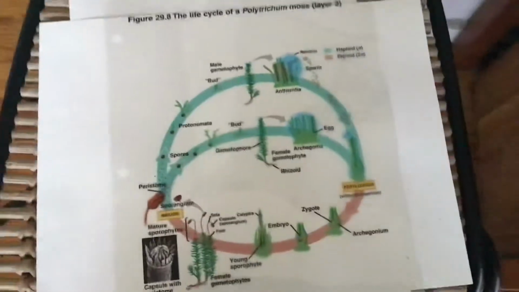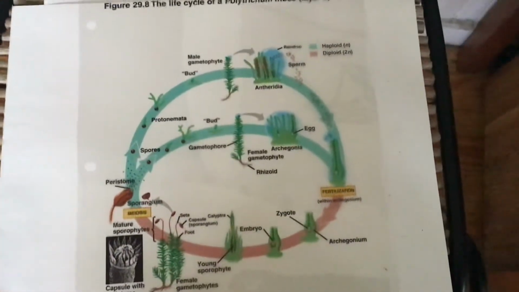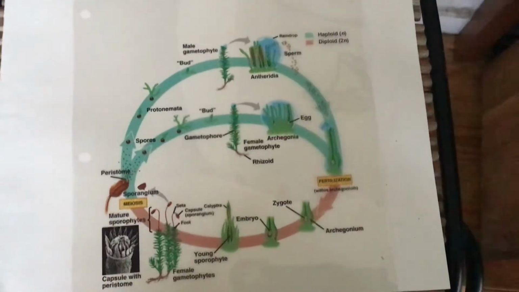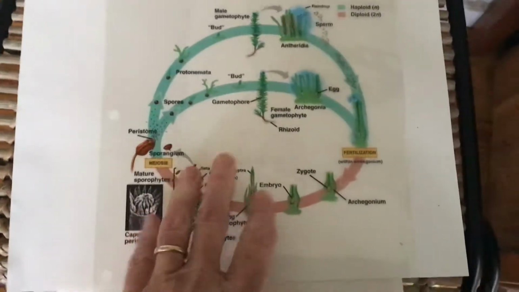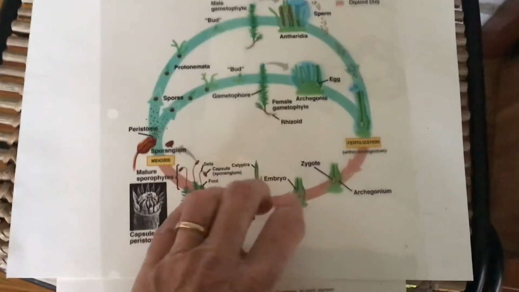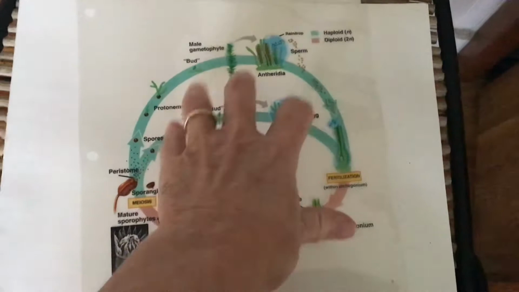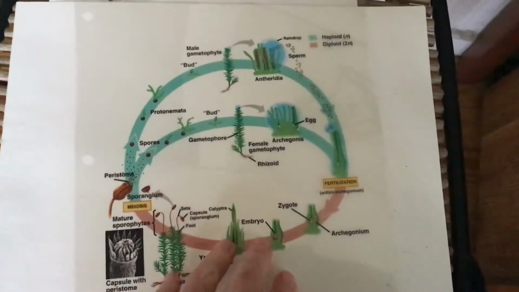Now this clearly shows alternation of generations, meaning multicellular structures, both 1N gametophyte and 2N sporophyte. The sporophyte in this case is the shortest part of the life cycle, and the gametophyte is the longest. And you're going to see as we go through the plant groups, it switches over.